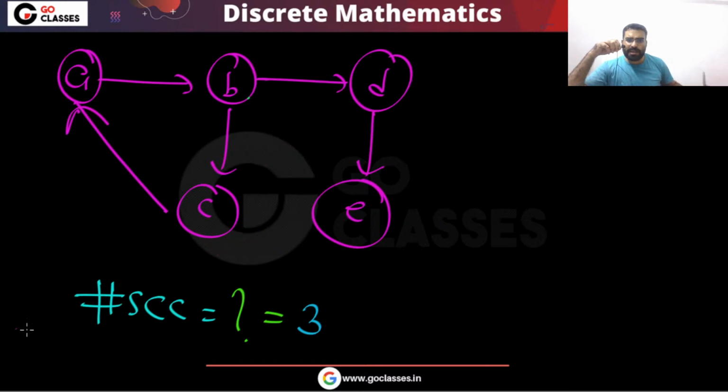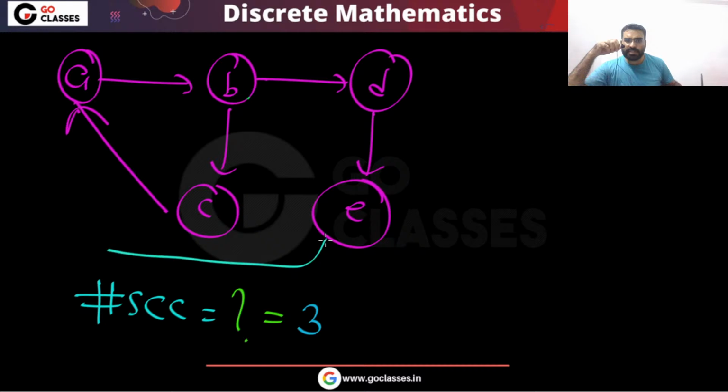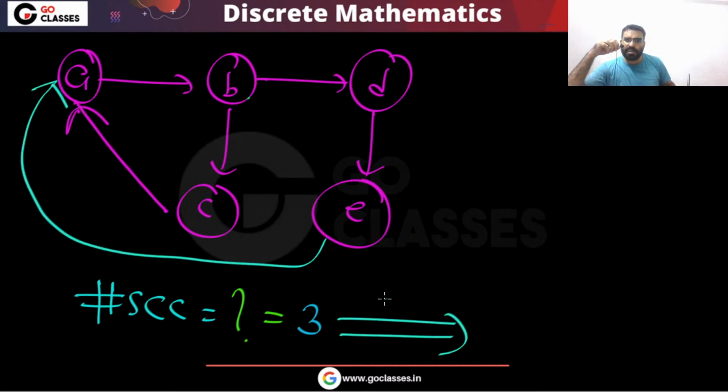Now can it decrease by more than 1? See, if I add this edge, look at this. I am adding one edge.